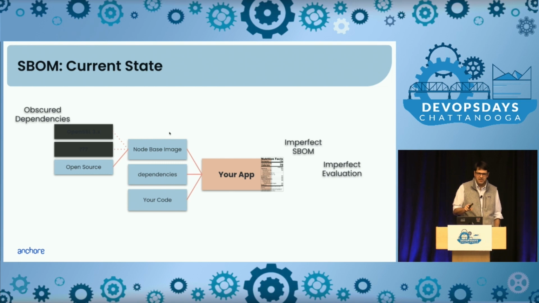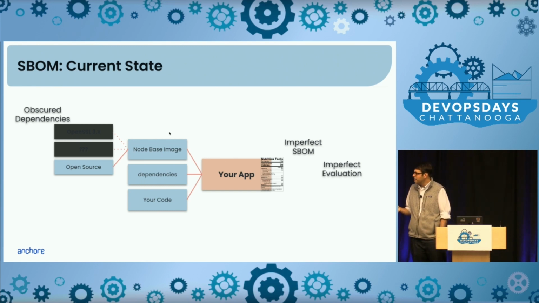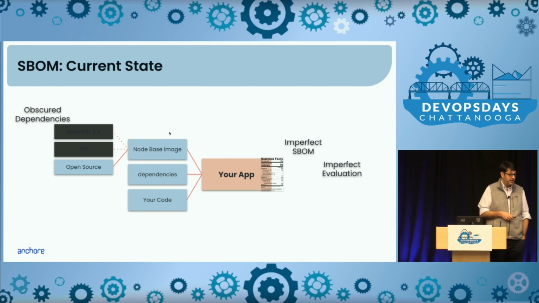Now, SBOMs aren't perfect. How we put them together can vary. There are tools, like I mentioned, we have one called Syft that will generate these programmatically. But they can only detect what they can detect, right? So in this example, you've got an app based on Node. Let's say we're using the Node base image out of Docker Hub. This example specifically came out of the recent OpenSSL vulnerability that was disclosed a couple of weeks ago.